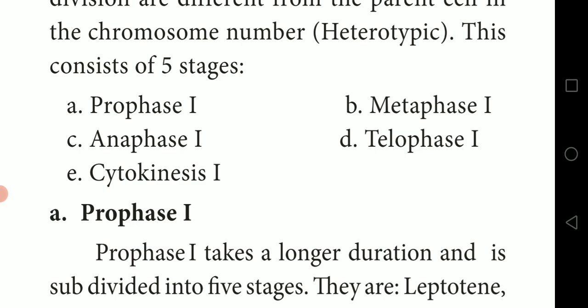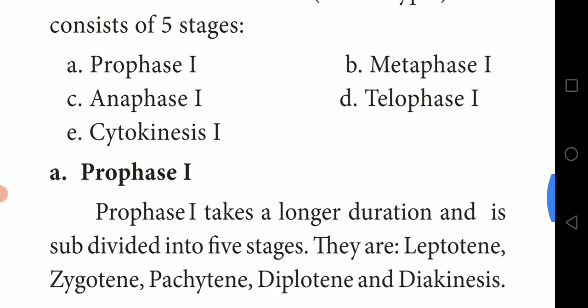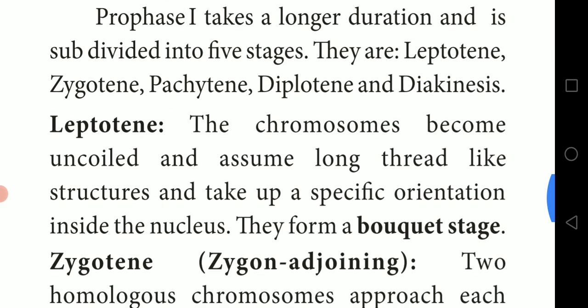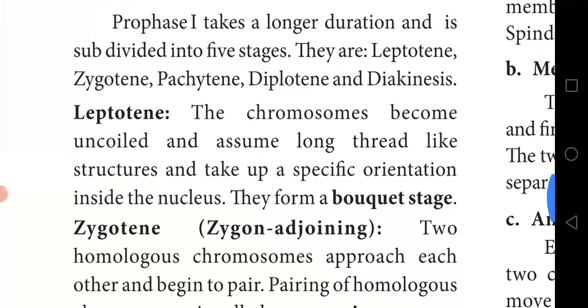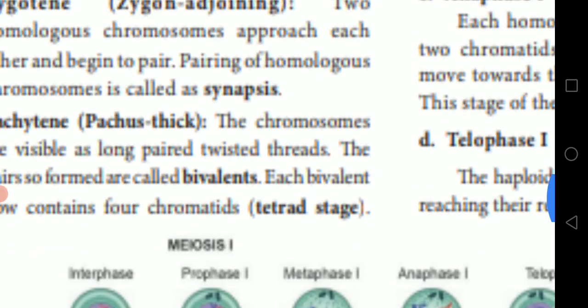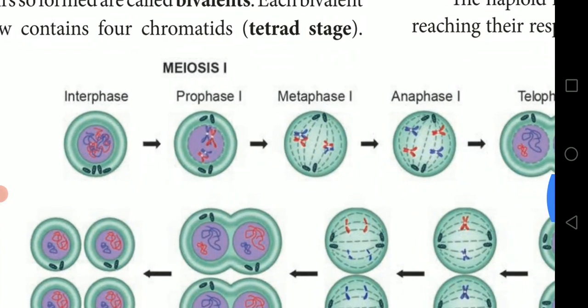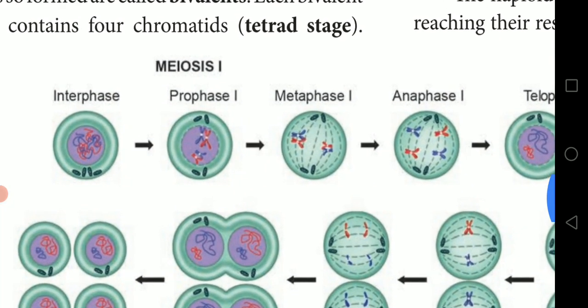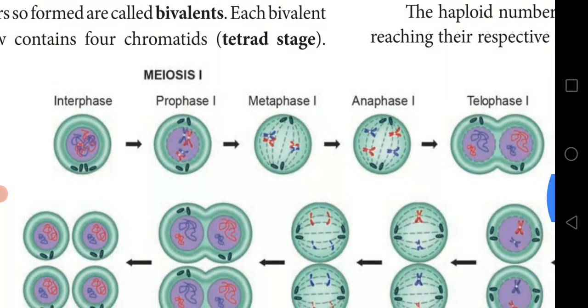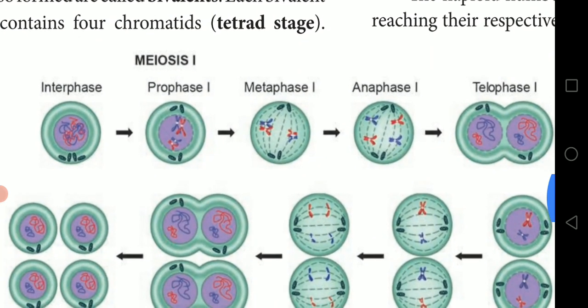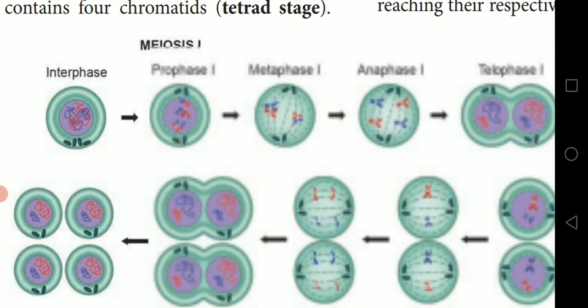What is prophase 1? I'll show you the diagram so you can understand better. Take your diagram here. This is the diagram of meiosis 1. As you have seen the events of mitosis, here also the events of meiosis are given in the diagram.